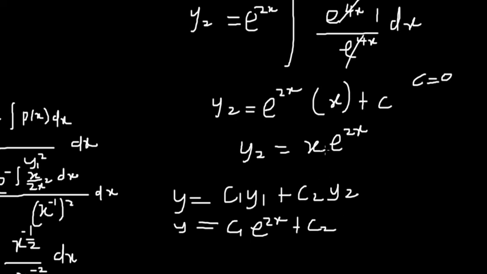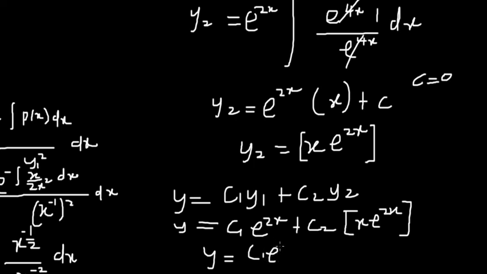From here you can decide to keep the x, because the x doesn't look much like a coefficient. It's like part of the expression, but it's better you keep the coefficient out of the expression. So we could just write c1 e exponent 2x plus c2 x e exponent 2x, and then you are good to go.